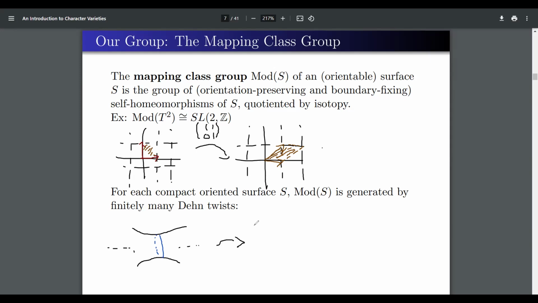a good way to visualize it is to cut along the simple closed curve to open up the surface. And then you glue it back together with a twist, quite literally.